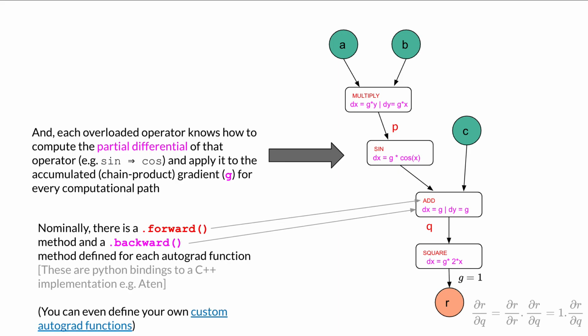So nominally then, for each of these nodes in the graph, which we have said are Pytorch operators that overload our standard Python operations and functions, there is a dot forward method and a dot backward method. The dot forward method corresponds to the ordinary mathematical expression that we're evaluating, like plus, add, sine, square. And the dot backward method corresponds to the associated differential equation or calculus.